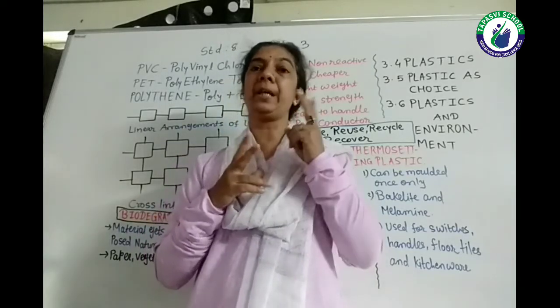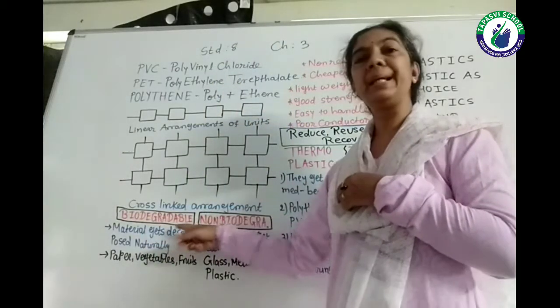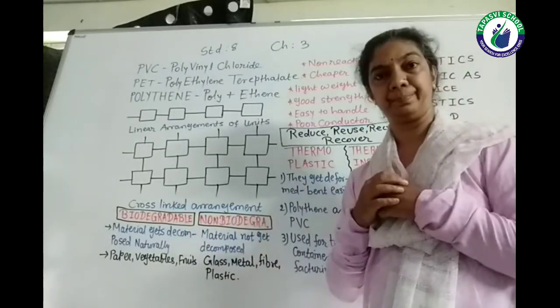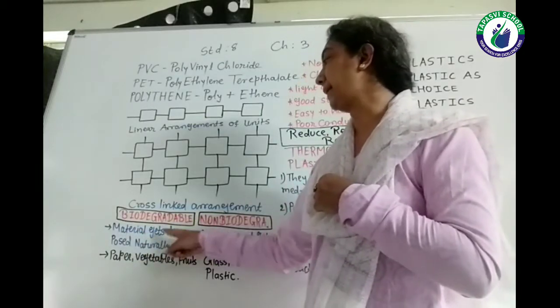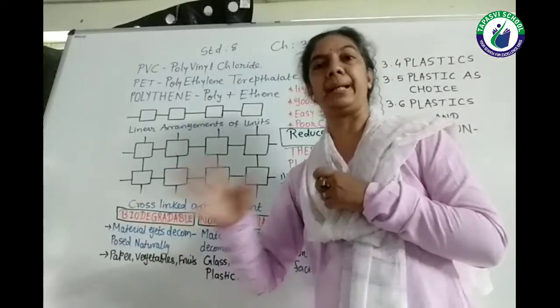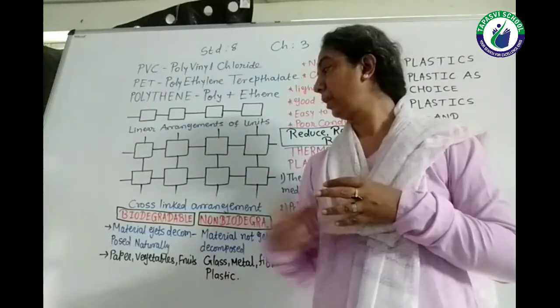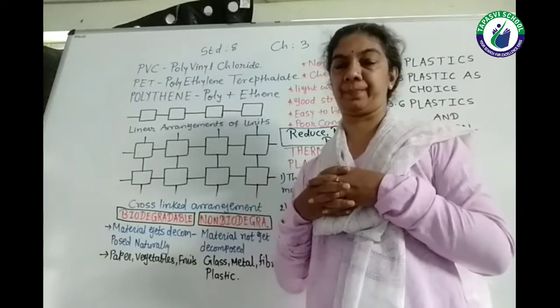And in that we have 2 more new terms, that is biodegradable and non-biodegradable. Biodegradable means the material gets decomposed naturally. Which materials are like that? Paper, vegetables, fruits.